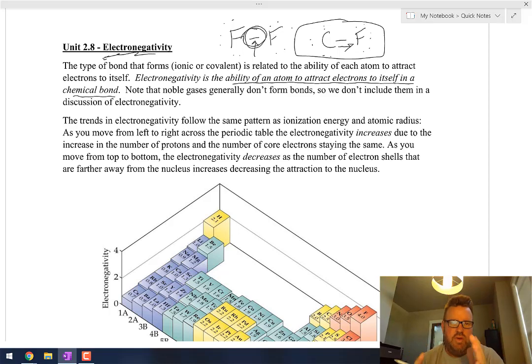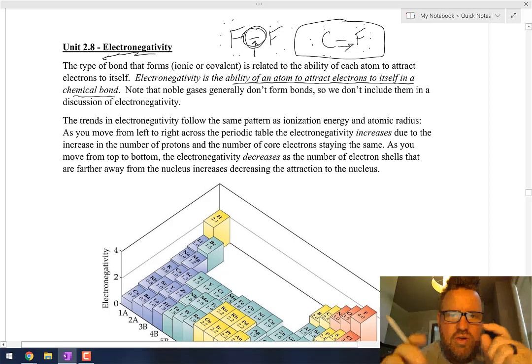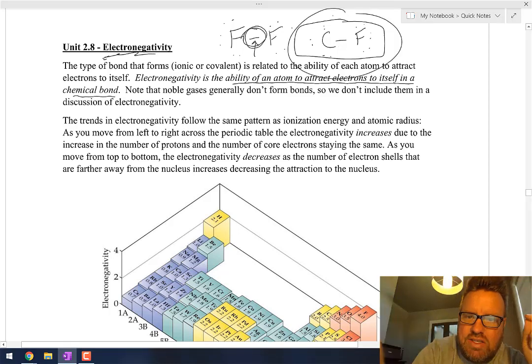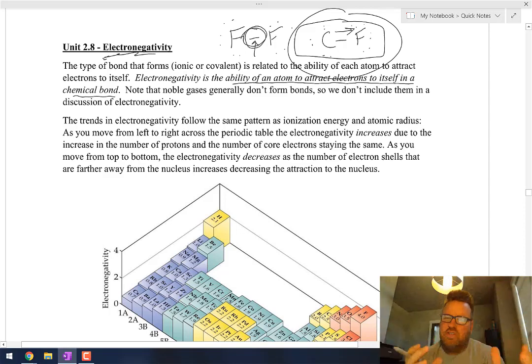So we can say that those electrons are shared equally between the two fluorine atoms. Whereas over here on our right-hand side, because fluorine is more electronegative than carbon, they're still sharing the electrons, but because fluorine has a greater electronegativity, those electrons are closer to the fluorine side than they are to the carbon side.